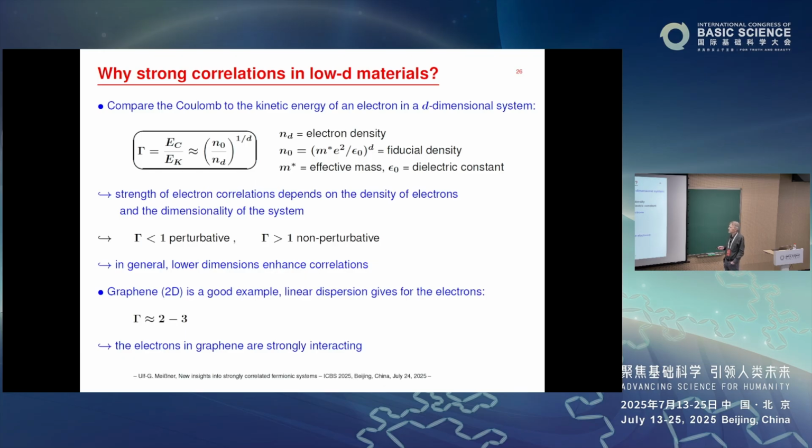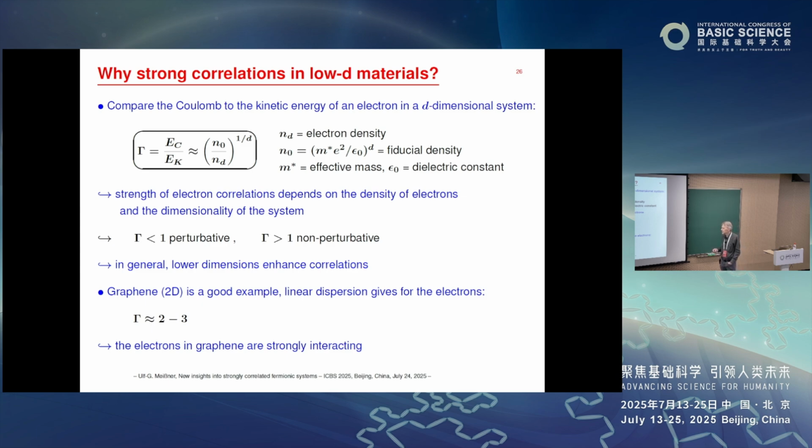So you see that the strength of the electron correlation depends on the density of electrons and on the dimensionality of the system. So if this is smaller than 1, then you can use perturbation theory. But if this is larger than 1, you have to use non-perturbative methods. And in general, lower dimensions, because it's 1 over d, enhance correlations, and also the d here.